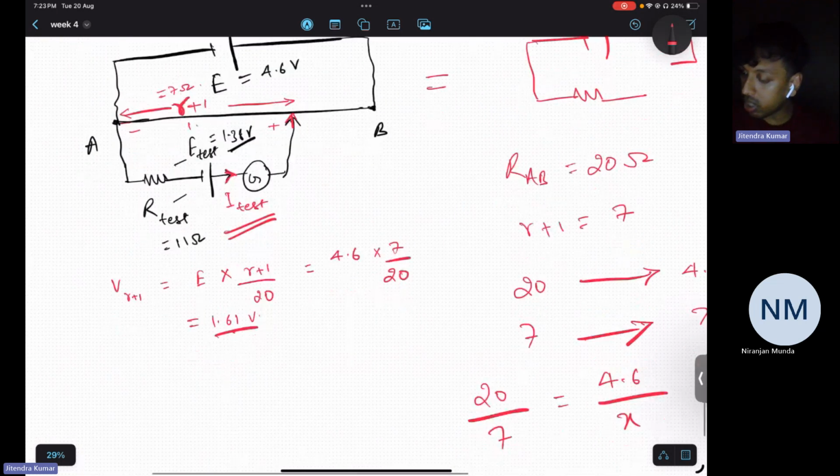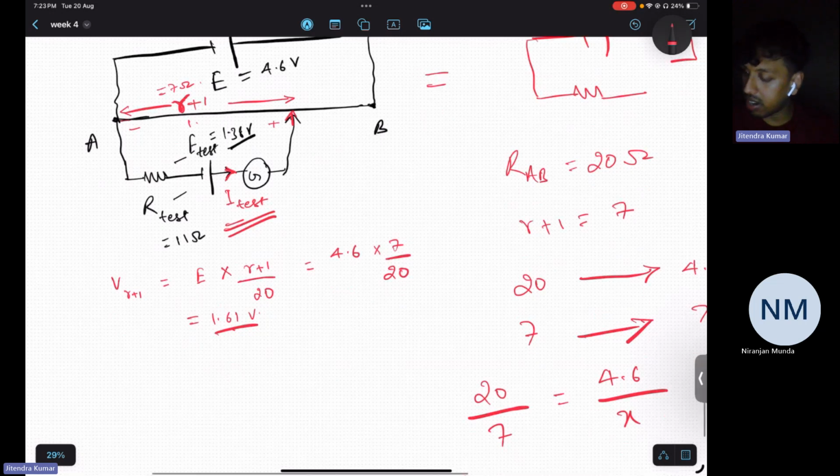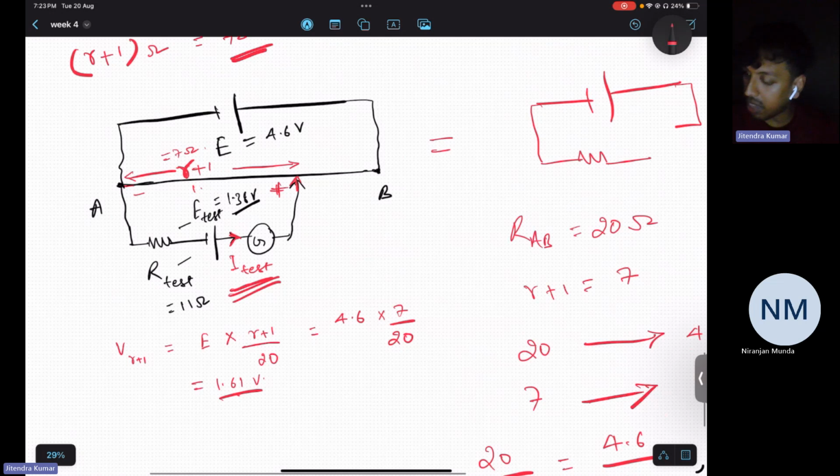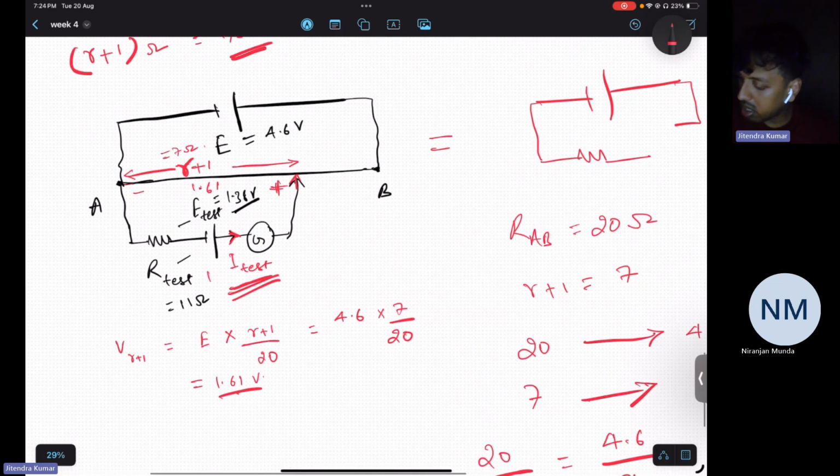Now we need to calculate this I test. The polarity will also be similar to this supply polarity, and the voltage we know is 1.61. And this E test was also given in the problem. I think I erased it accidentally. 1.38, no, it is there. 1.38.